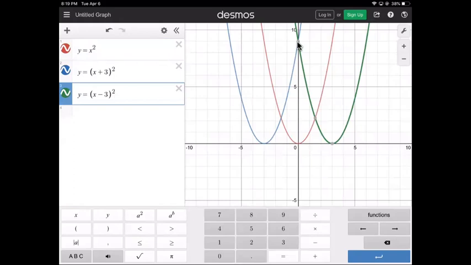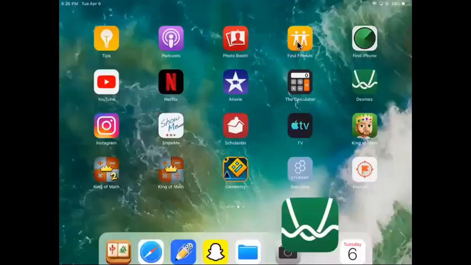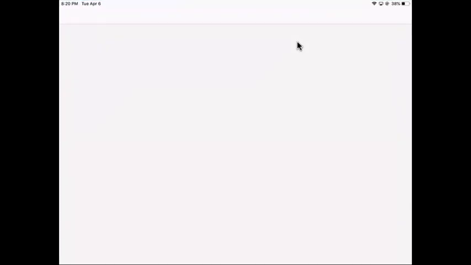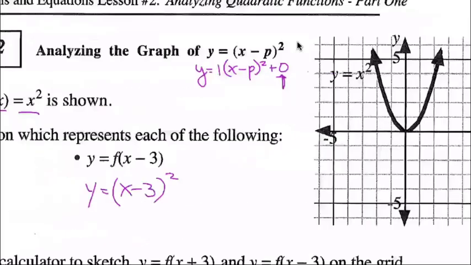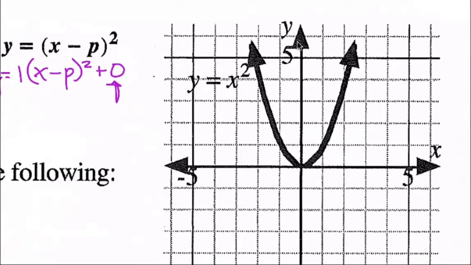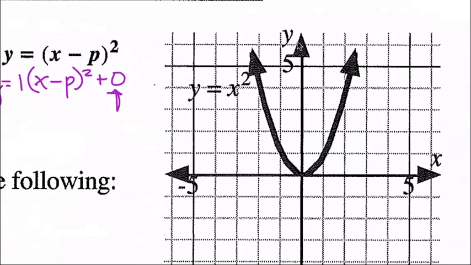That comes from the standard form of the equation. I'll talk about that when we go back to the grid, where we'll sketch these. Oops, wrong one. X plus 3 moved our graph left 3 spaces. 1, 2, 3. So I'm going to do that in purple. One goes here.